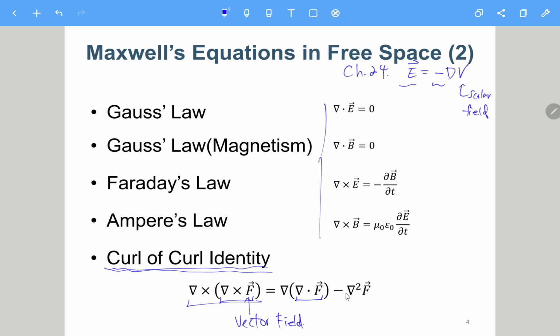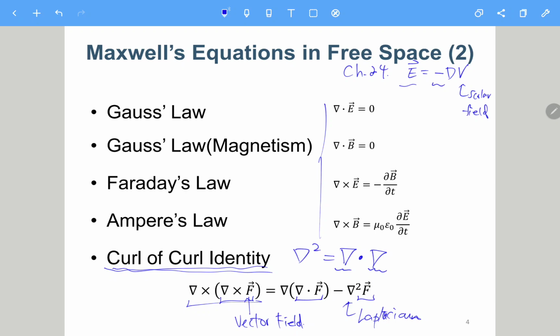And then minus, this upside down triangle squared. What is this? This is called the Laplacian. What is the Laplacian? You can take the Laplacian of a vector field, which is actually the same as this upside down triangle dotted with itself.